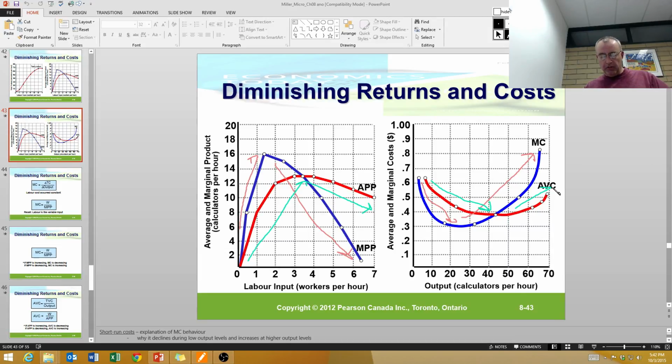A little bit convoluted, I have to admit. I kind of like the original formulas myself, but this does explain why the marginal cost and average variable cost curves are U-shaped.